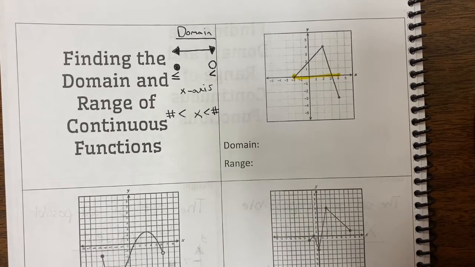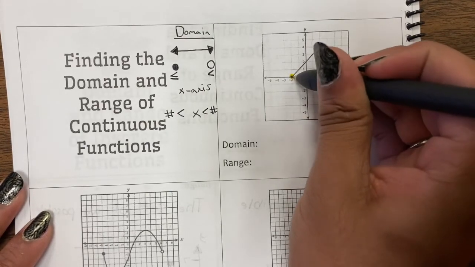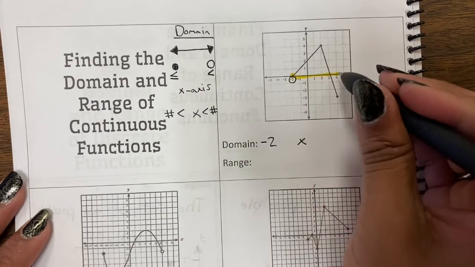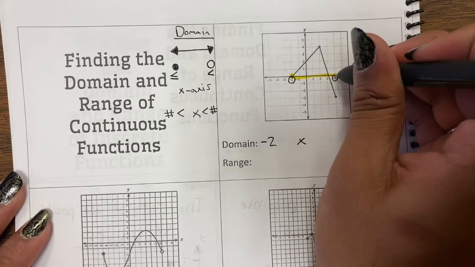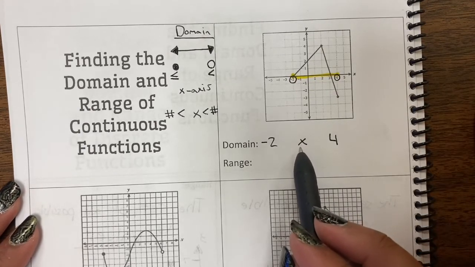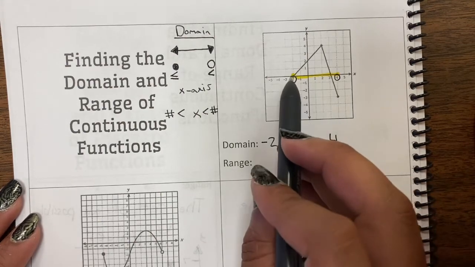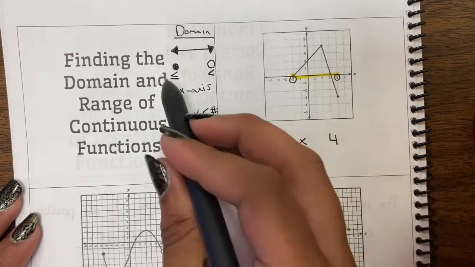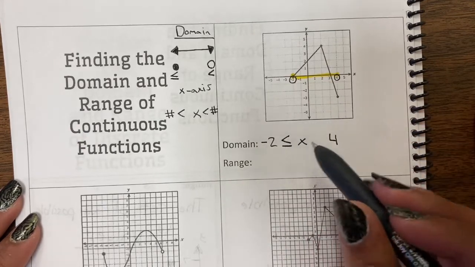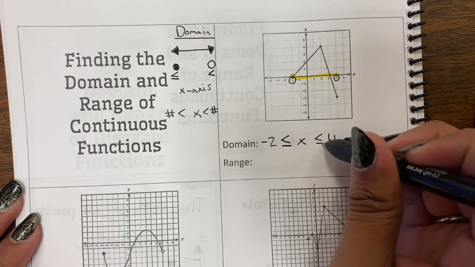So I know the numbers I'm at are going to be -2 and 4. And for domain, I'm always going to have an x in the middle. So I want to see what symbols are at these points. So I see there's a closed circle right here, which means I'm going to use less than or equal to. And I see there's a closed circle right here, which means I'm going to use less than or equal to.